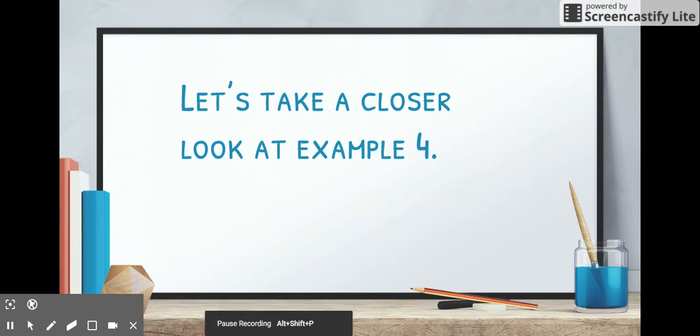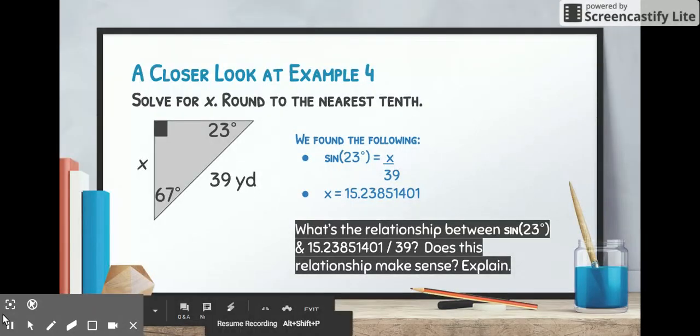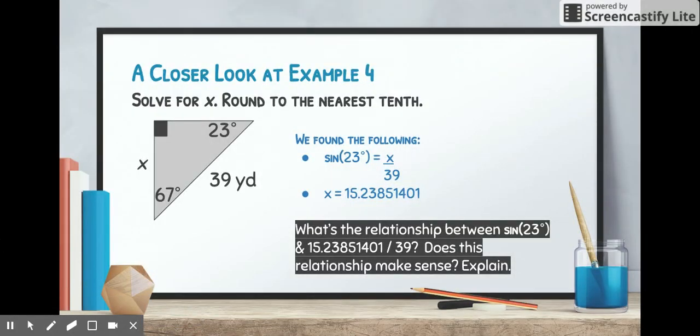Now we're going to take a closer look at example 4 to make sure that we understand what trig ratios are doing. The second time we solved this, we found that sine of 23 degrees was equal to x over 39, which gave us that x was exactly 15.23851401 yards.